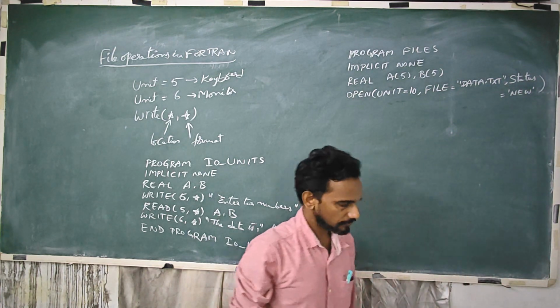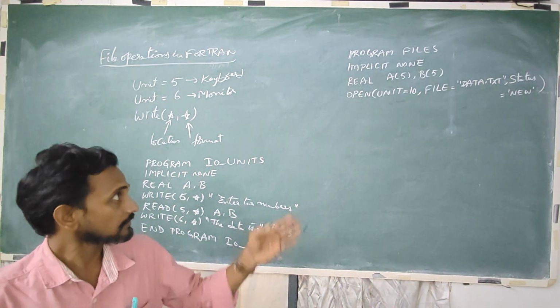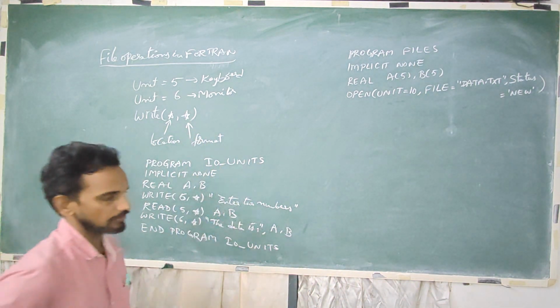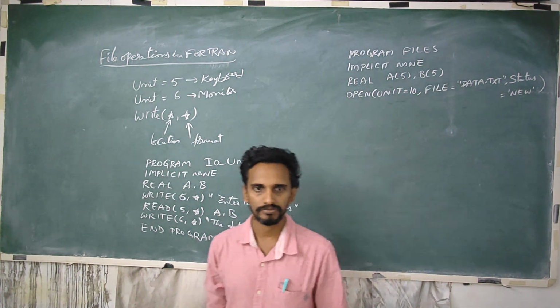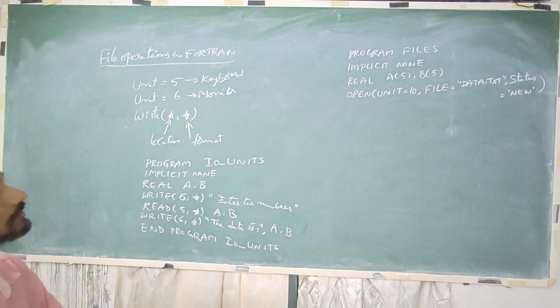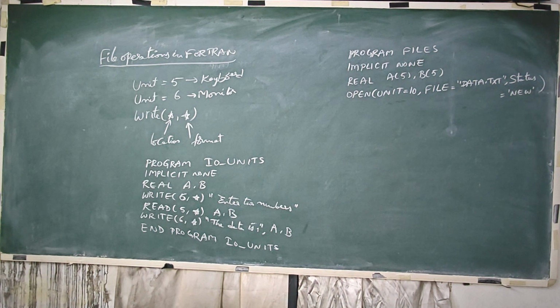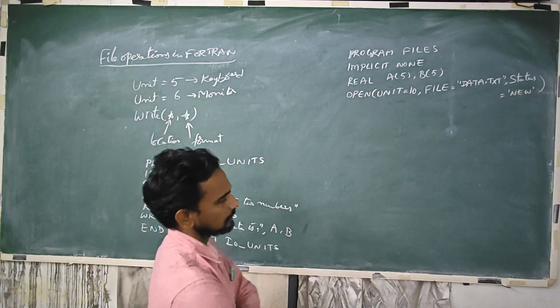Status new. Everything in a single line. Check if you are crossing the limit of 72. So I am creating a new file with the name data.txt.